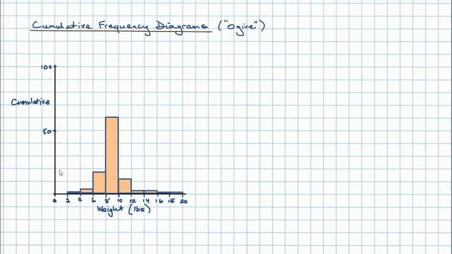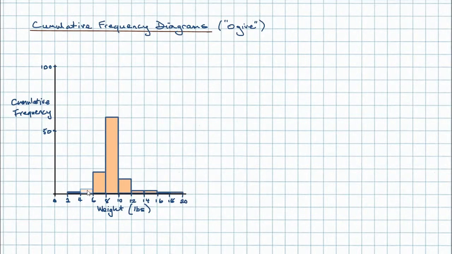And if we want to change this to a cumulative frequency, all we need to do then is add that 1 to this 4 here. So we've got 4 cats that weigh between 4 and 6 pounds, and that will give us 5 in this category rather than 4.